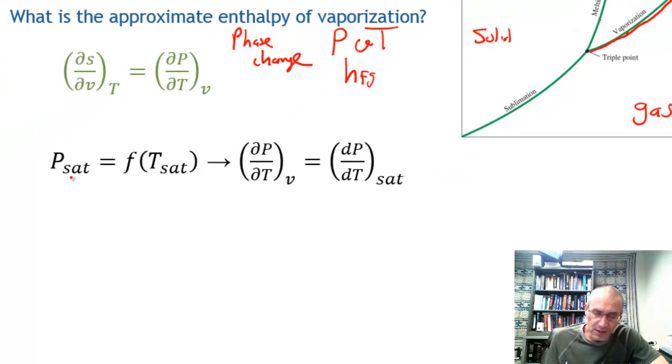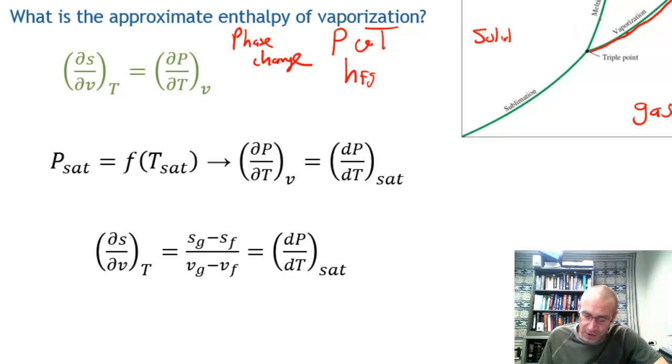And so the pressure at that point, P sat, is actually a function of T sat. And we know that. During phase change, pressure and temperature are not independent. And so we can say P is only a function of temperature. It's not a function of two variables. So therefore, the partial derivative, the ∂P/∂T, is actually the total derivative if applied at saturation. So that's why I've changed from the curly d's to the regular d for dP/dT at saturation.